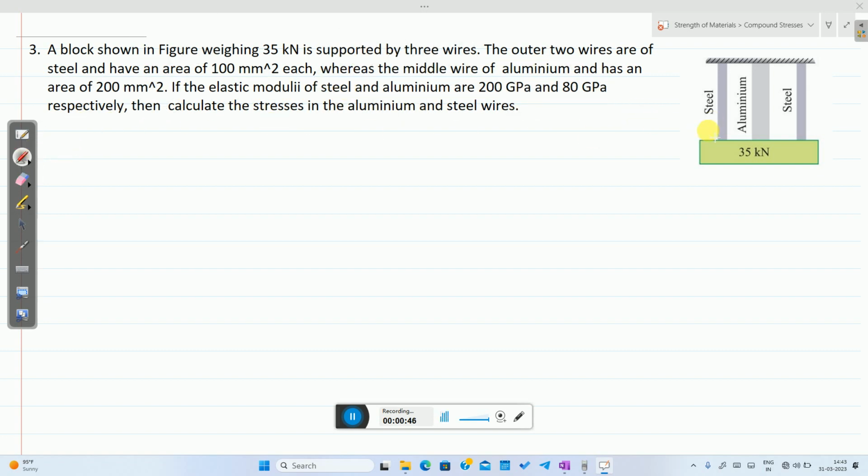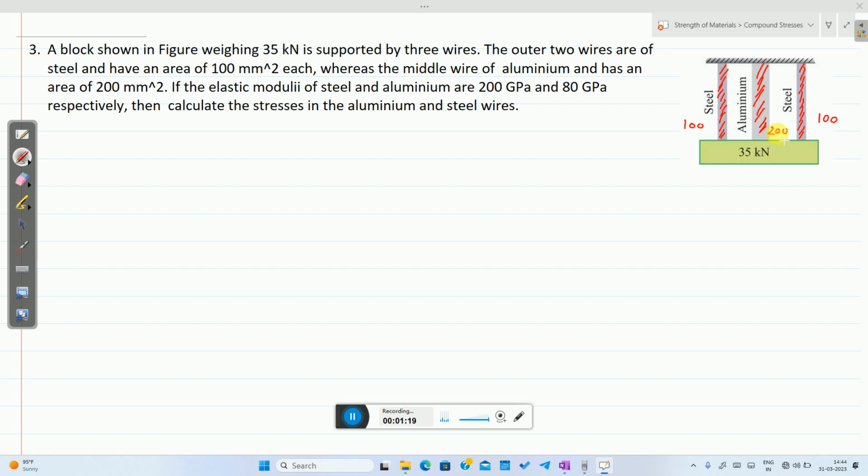So this is the arrangement shown in figure. The outer two wires are of steel. See here, this outer wire and this one are made up of steel. So area of each will be 100 mm square. Whereas the middle wire is made up of aluminium and has an area of 200.